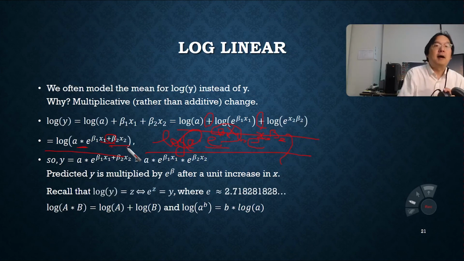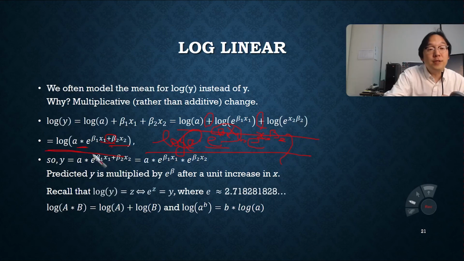So you have this relation, and remember this was about log of y. That tells us that y should be equal to a times e to the power of beta 1 x1 plus beta 2 x2, which is multiplication of these things, right?